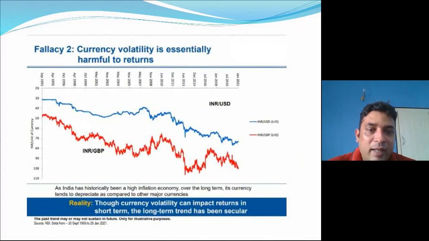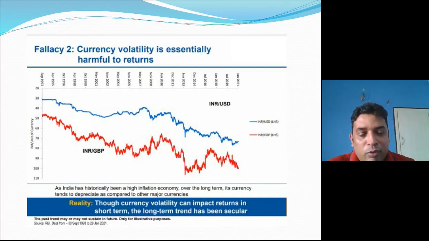Currency volatility is essentially harmful to return. Like we have always mentioned that if we invest globally, because of the currency volatility, our return will be down. But the reality is, currency volatility can impact return in the short term, but in the long term it tends to be secular, because historically India is a high inflation economy, and over the long term, its currency will only tend to depreciate as compared to other major currencies.